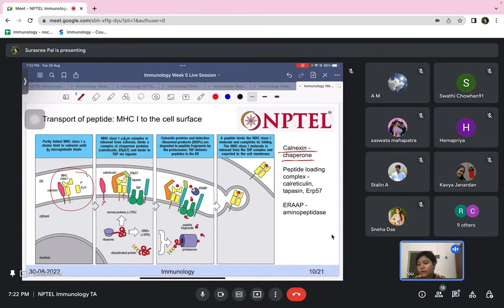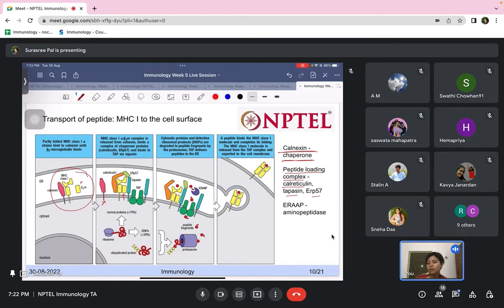However, another set of chaperones now comes into action, known as the peptide loading complex. The peptide loading complex is composed of calreticulin, tapasin, and ERP57.